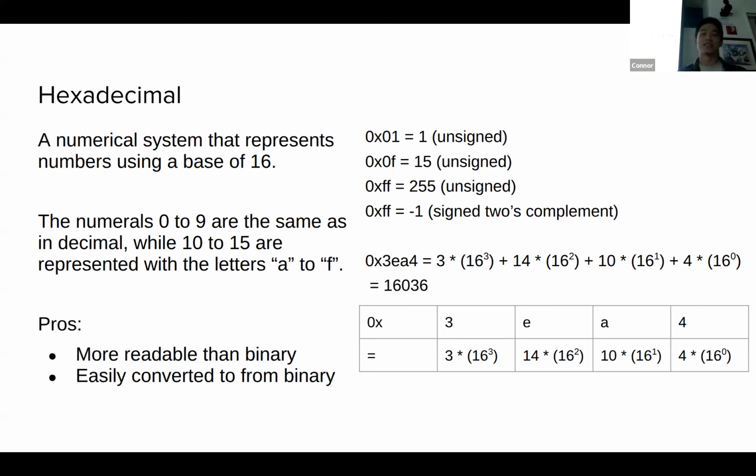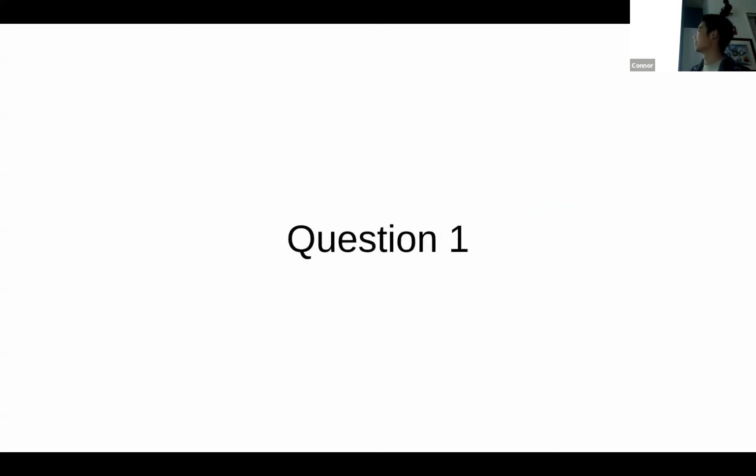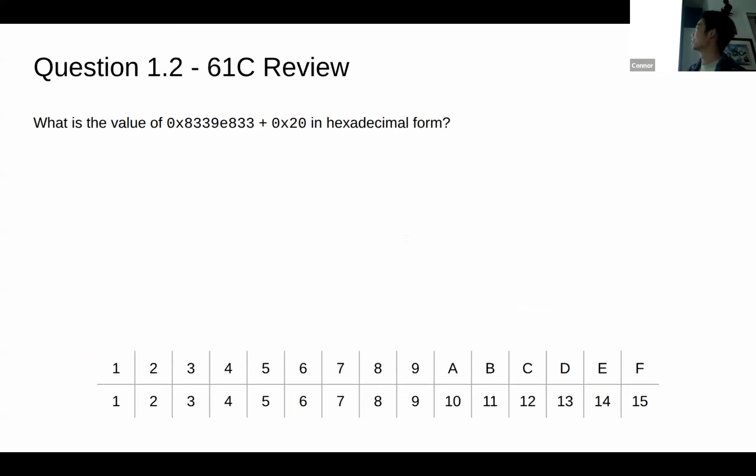Did that make sense? Hopefully this is easy, but if you don't understand, you can ask in the chat. But we'll just move on to question 2, which might be harder.